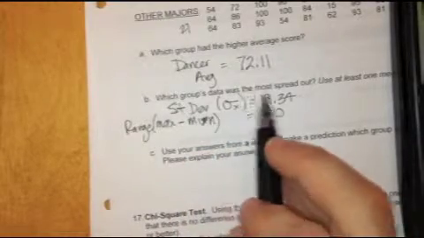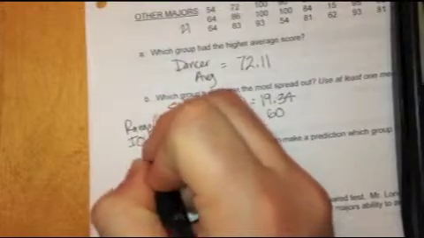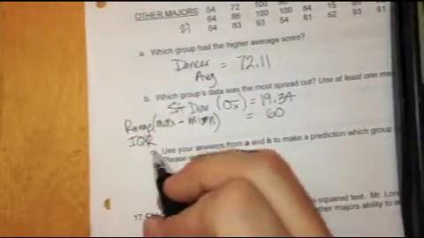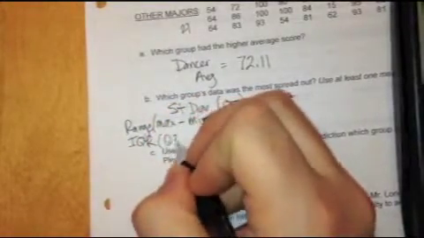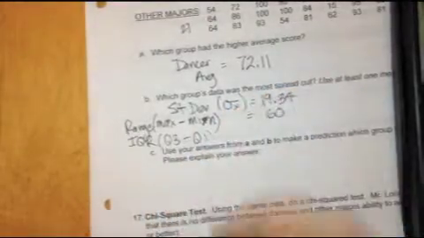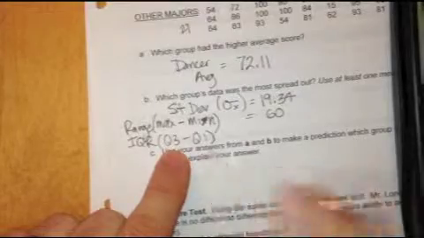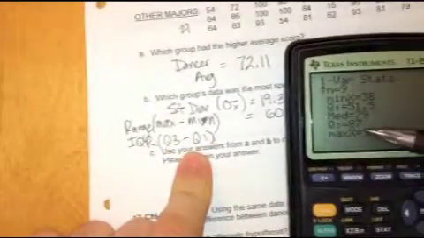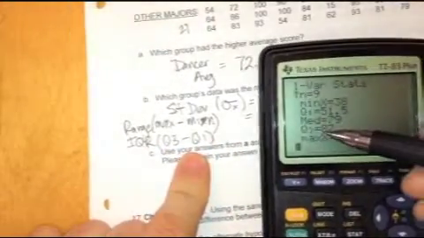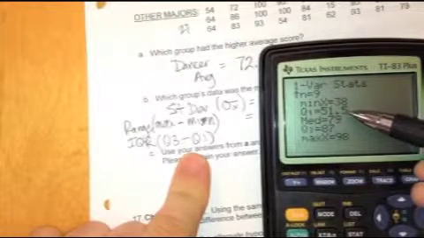And the third way we used to talk about how spread out data was the IQR, the interquartile range, and that was Q3 minus Q1. Ms. Heim has probably talked to you about those before as well. But when I plug those in, Q3 is 87, Q1 is 51.5.